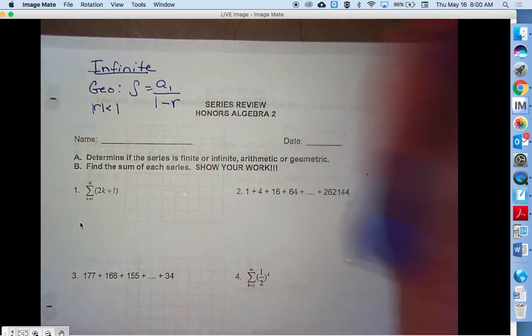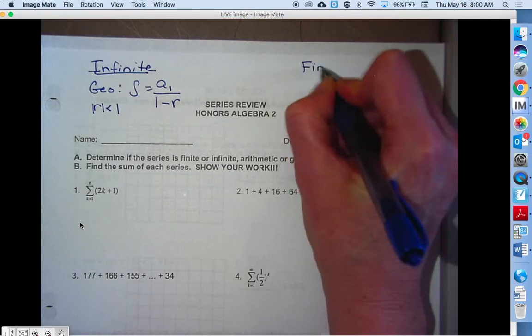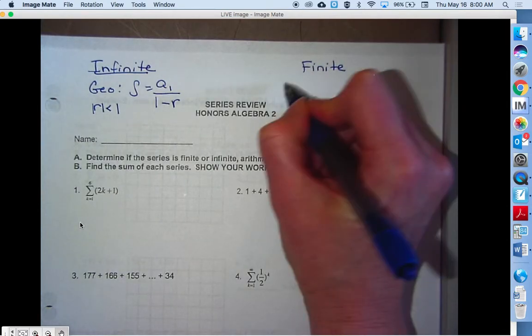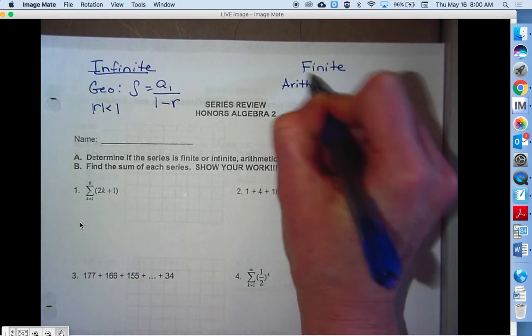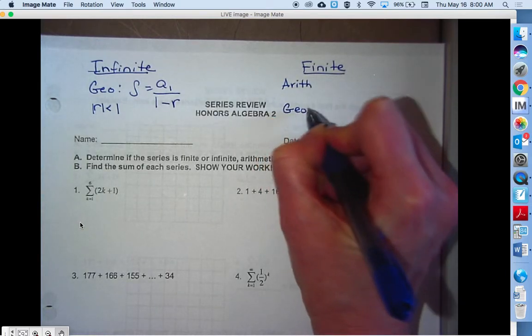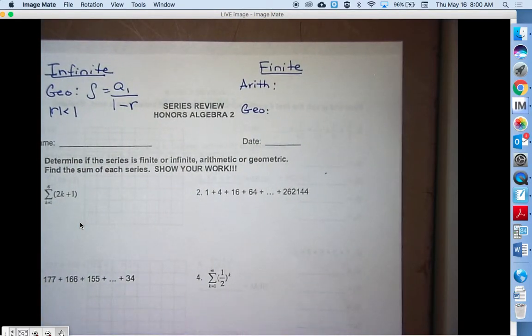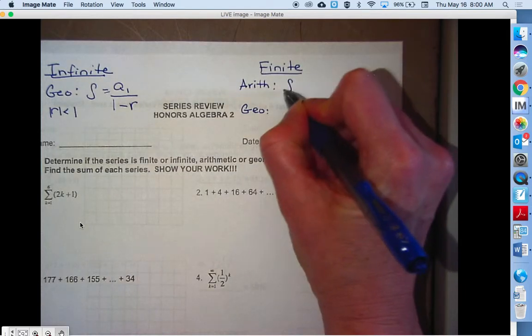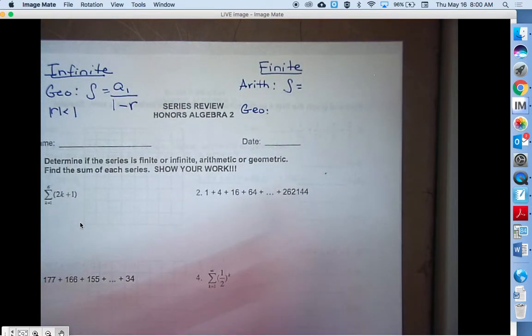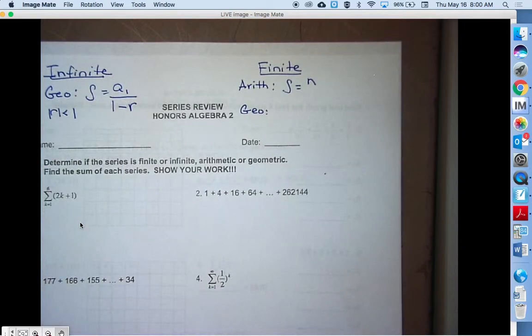The other option would be if it was finite, meaning it has an end term. And we have our arithmetic versus the geometric form. So the arithmetic sum says take n, which is the number of terms, how many terms are in the series.